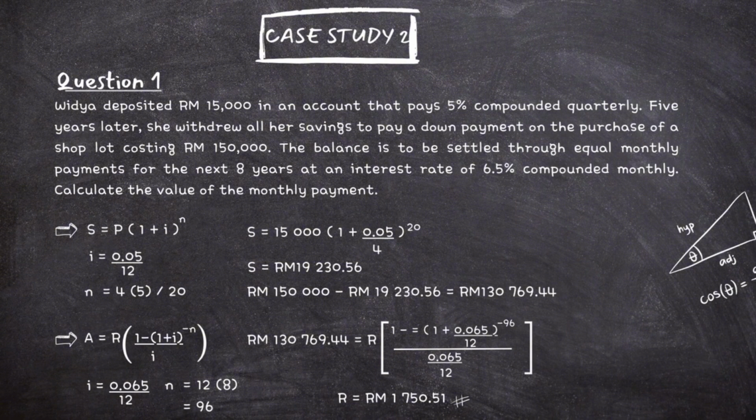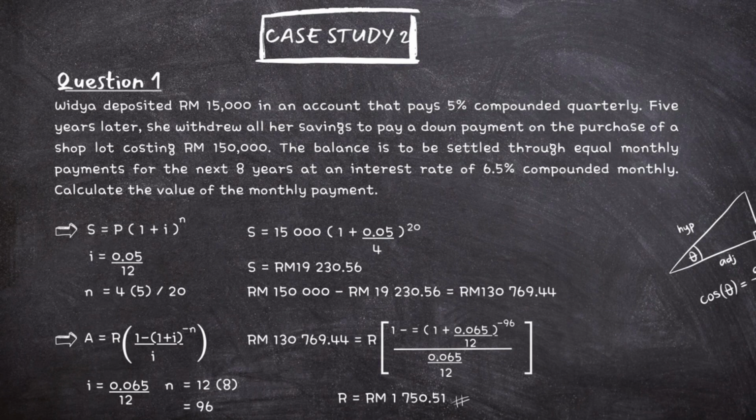To calculate the value of the monthly payment, we'll use A equals R times (1 minus (1 plus i)^(-n)) divided by i. i here is 0.065 divided by 12, since it says 6.5% compounded monthly, which equals 12 months.